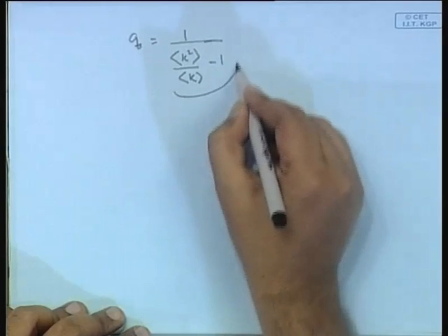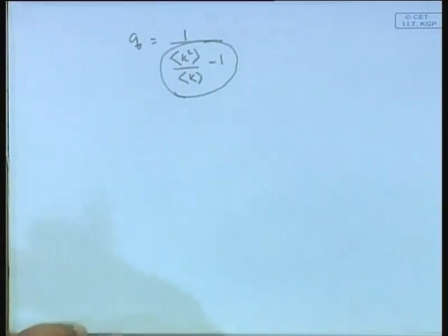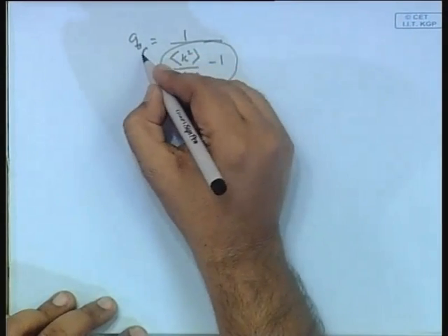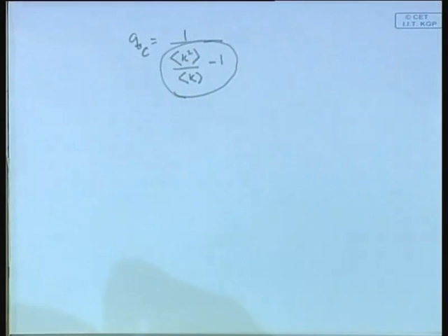So, see this part. This is the QC, the critical Q, which is needed to be removed.